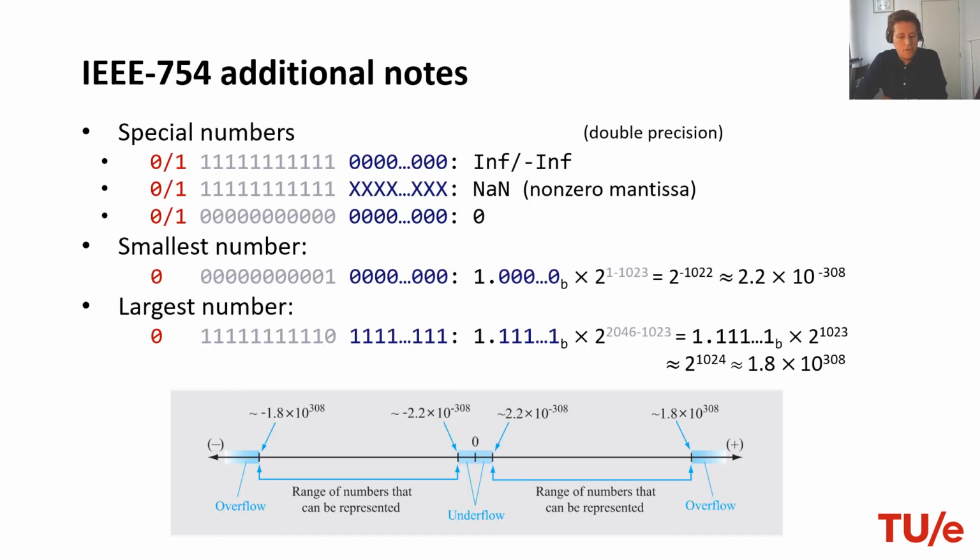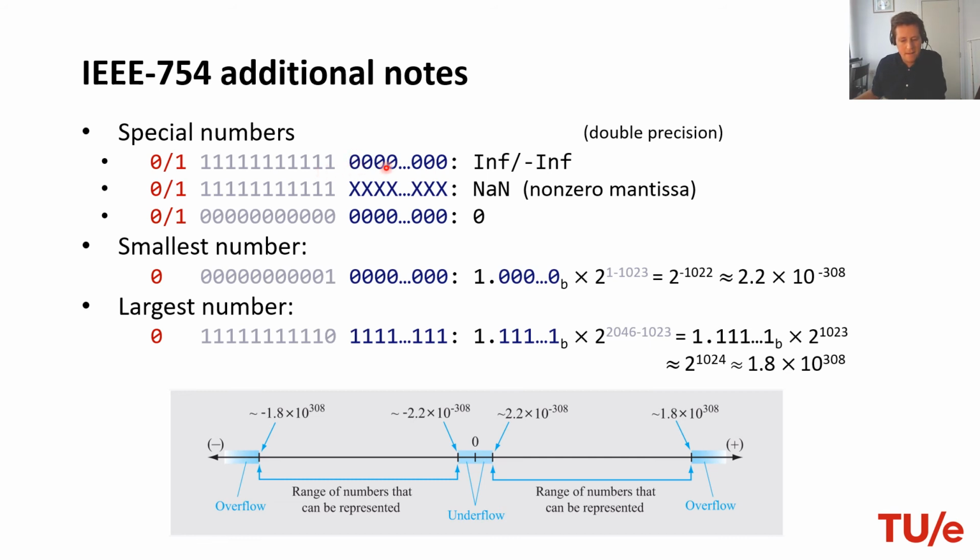Some additional notes on the IEEE standard. There are some special numbers which have a dedicated representation, for instance, plus or minus infinity. For those numbers, the exponent is all equal to 1, so that would be the maximum allowable exponent.